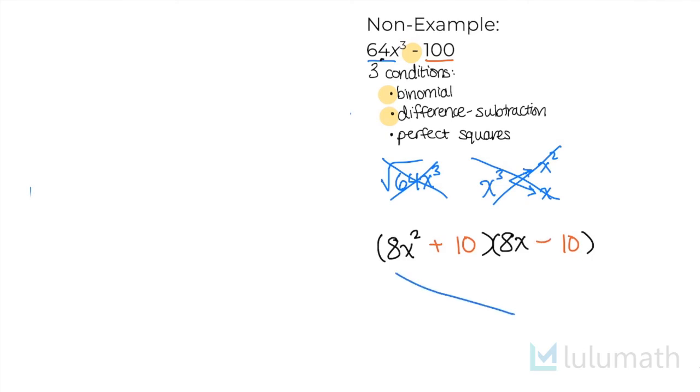If I were to do the outer right here, 8x squared times negative 10 is negative 80x squared. Then if I were to do the inner here, 10 times 8x is 80x. So because these are not like terms, they can't even be put together, let alone be able to cancel each other out. So there's just no possible way to factor this as well.